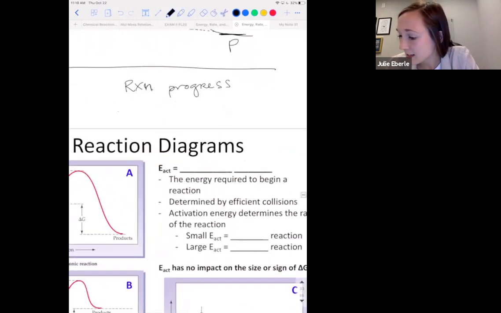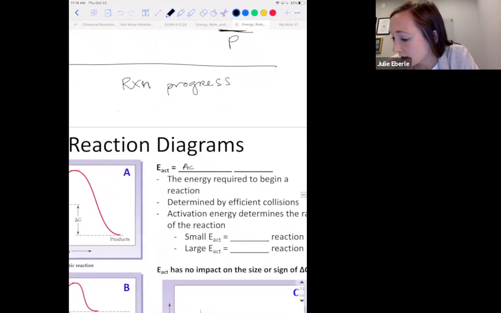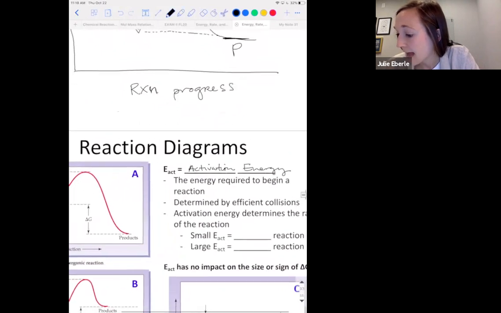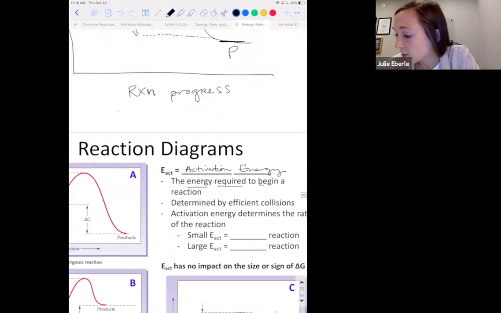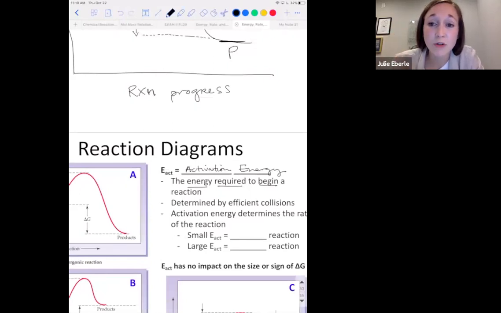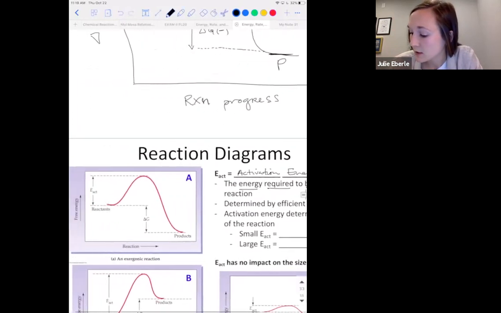That is E-ACT. Activation energy is the amount of energy required to begin the reaction. So the reaction has to clear that energy level, or it won't make the products. If it does, it will make the products.